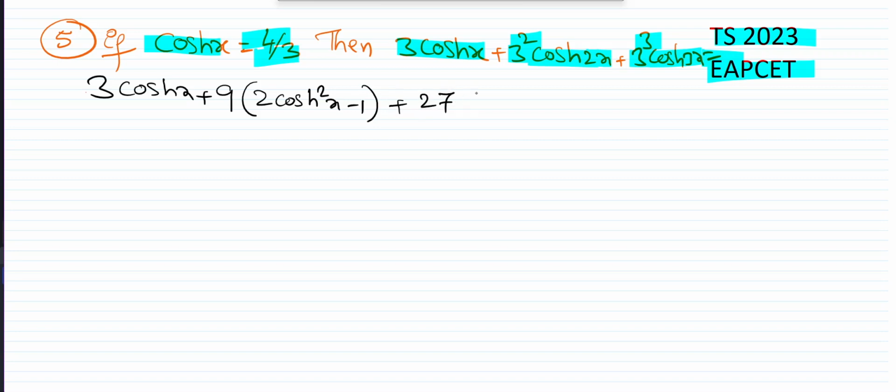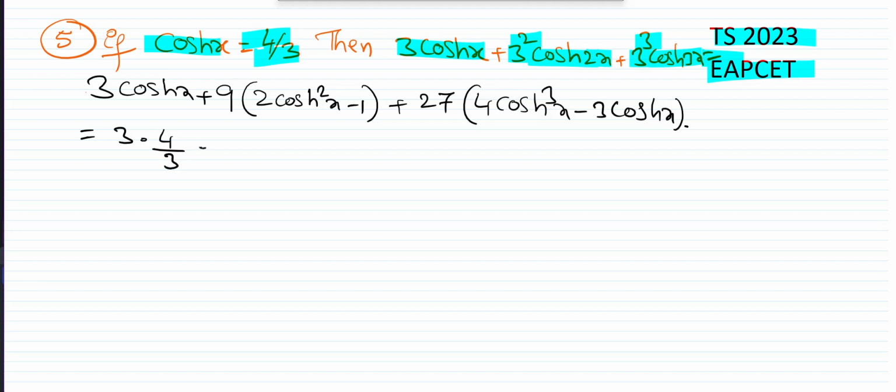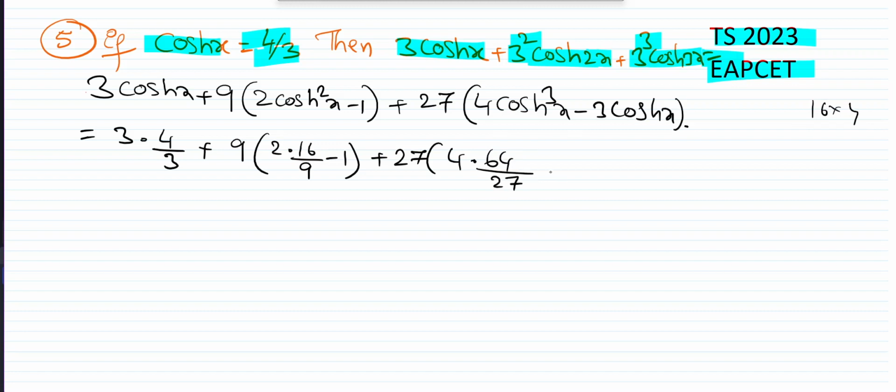Plus 3 cube, that is 27, into cosh 3x. The cosh 3x formula is 4 cosh cube x minus 3 cosh x. Substituting the cosh x value in this equation: 3 into cosh x, 4 by 3, plus 9 into 2 into 4 by 3 whole square, this is 16 by 9, minus 1, plus 27 into 4 into cosh cube x, that is 4 by 3 whole cube, this is 64 by 27, minus 3 into cosh x, which is 4 by 3.